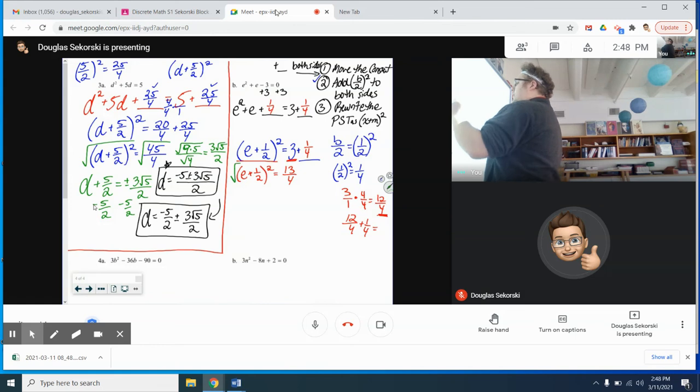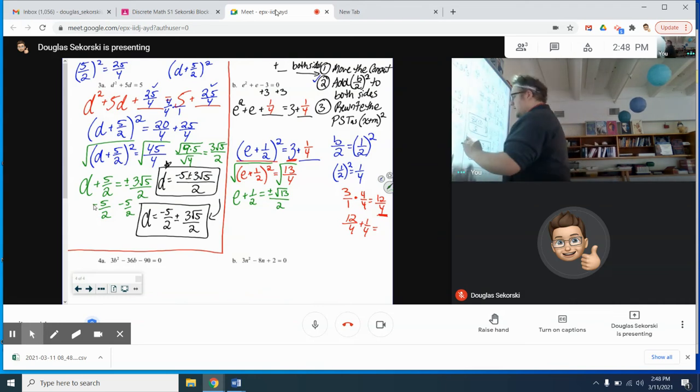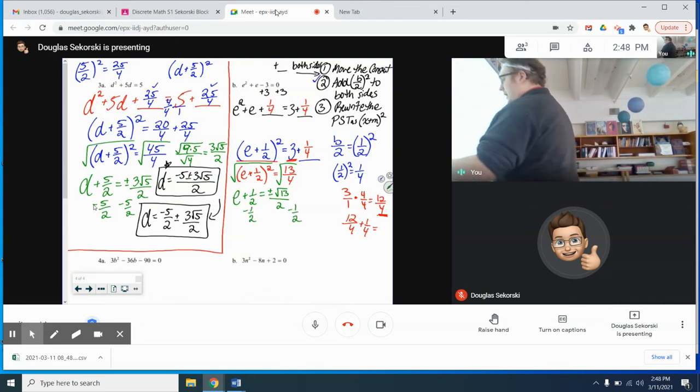We're going to take the square root. We get e plus 1/2 equal to plus or minus root 13 over 2. So I took the square root of 4 there. So subtracting 1/2 away, we get e equals -1 plus or minus root 13 all over 2.